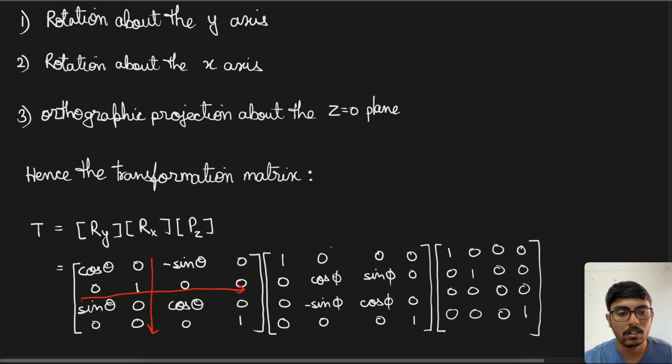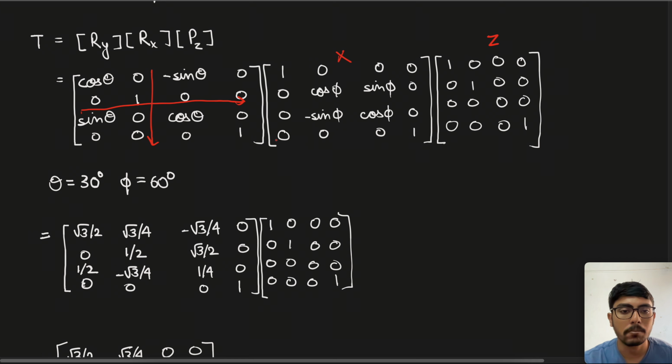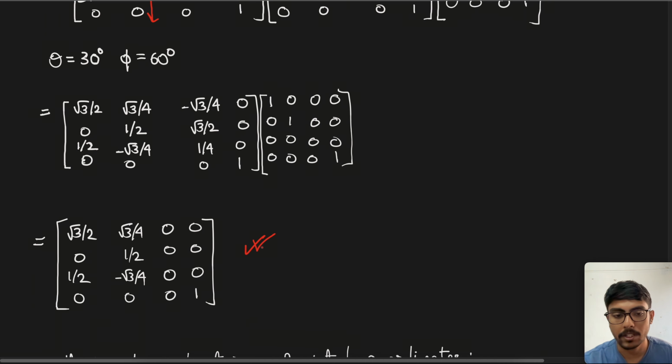Similarly for rotation about the x axis, this will be the matrix, and this is the projection about the z axis, so it will be like this. For the y axis and x axis, again the respective columns and rows will become 0. Perfect. Now we will put in the values here and multiply these two, we get this particular matrix, and then finally multiply it with the orthographic projection, and we get this as the final transformation matrix.